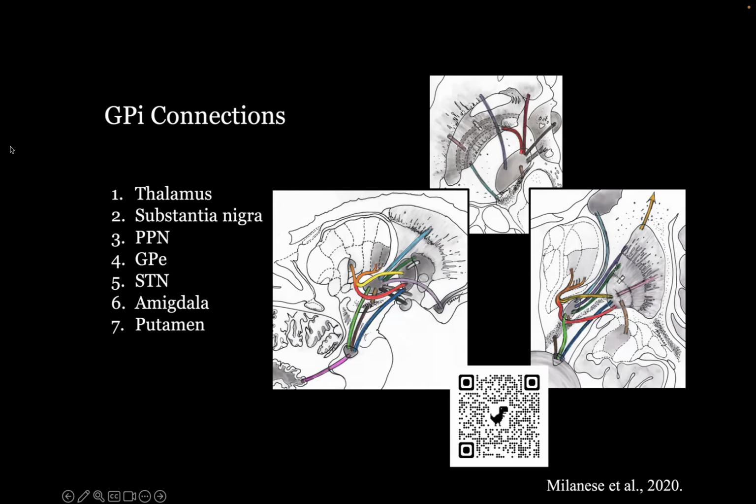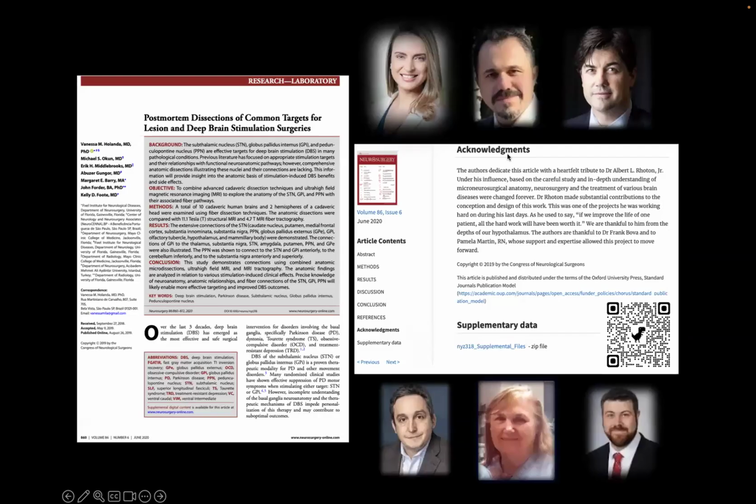So with the GPI, I got to dissect all these connections. We have the thalamus, substantia nigra, PPN, GPE, STN, amygdala, and putamen. And you have all these connections here that you can see in this QR code.